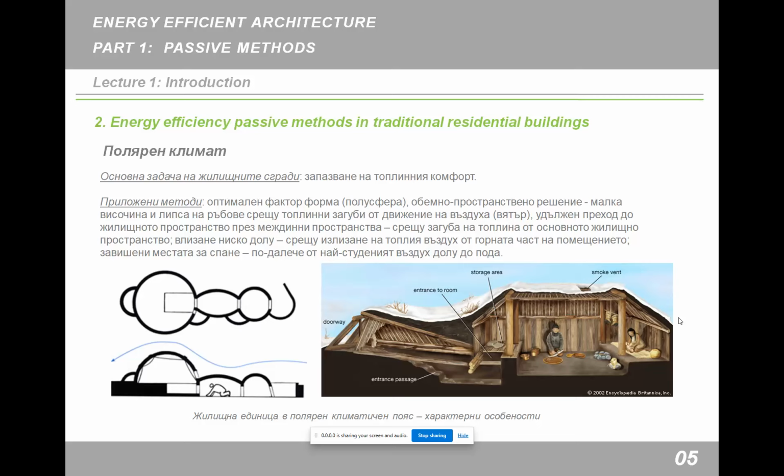So, in polar climate zone, the main task for a residential building is to keep the warmth comfort, to keep the warmth inside the building. So the applied methods are optimal form.